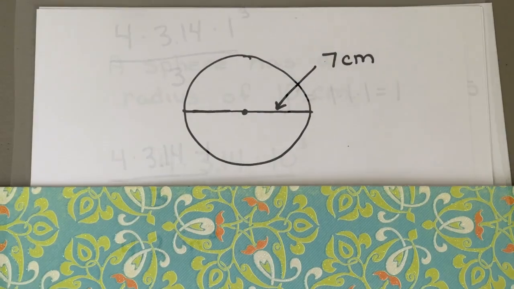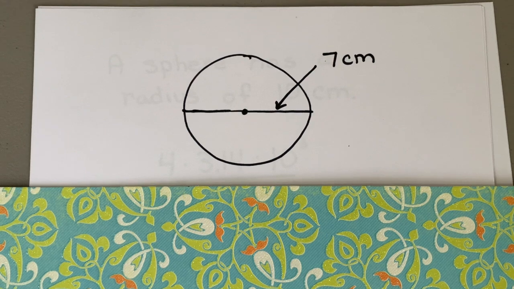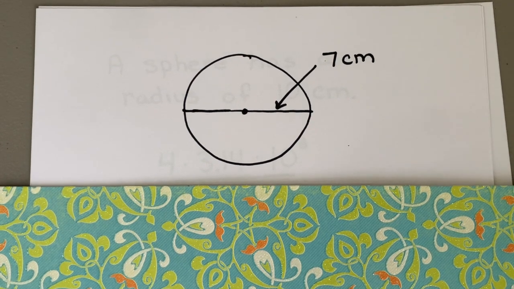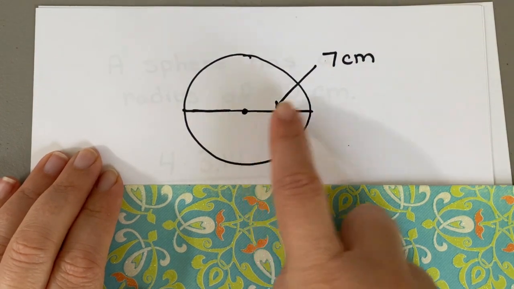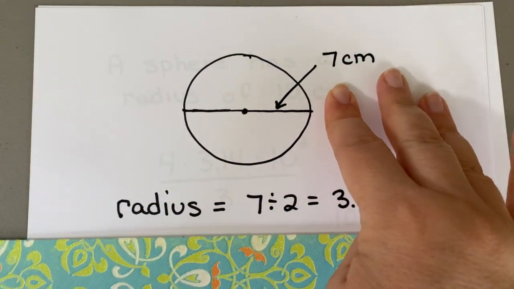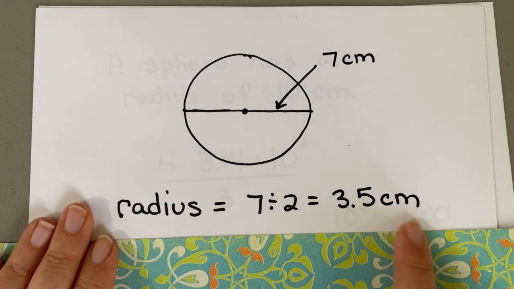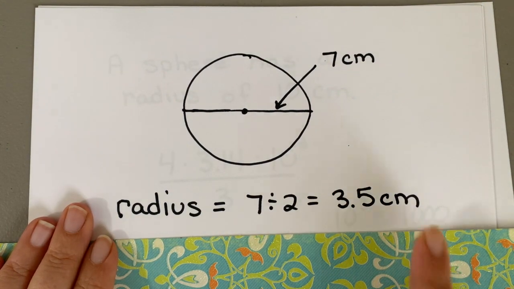Let's try to find the volume of this sphere. Remember, and this is the only time I'm going to remind you about this, what do you need to notice about this sphere in this example? Yep, so they gave you the diameter. So remember that you have to find that radius by dividing the diameter by 2. So in this case, your radius would be 3.5 centimeters.